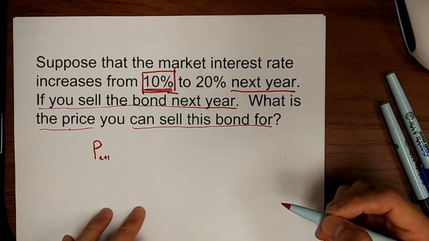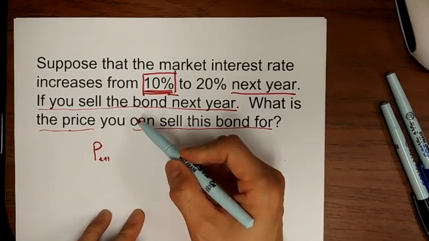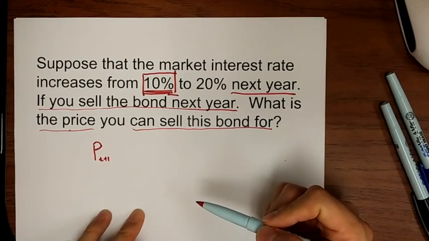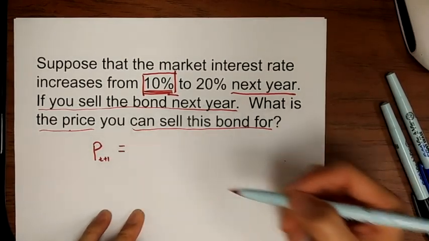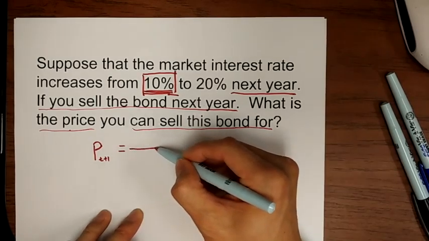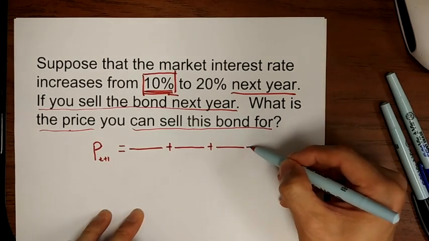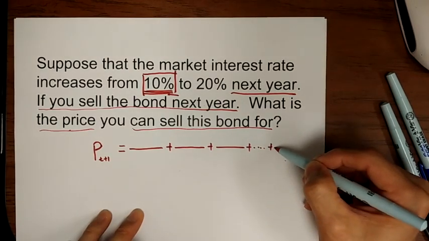The answer is the market price of this bond next year should be equal to the sum of the present value of all the future cash inflows.